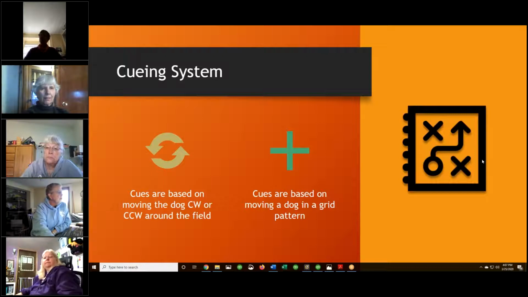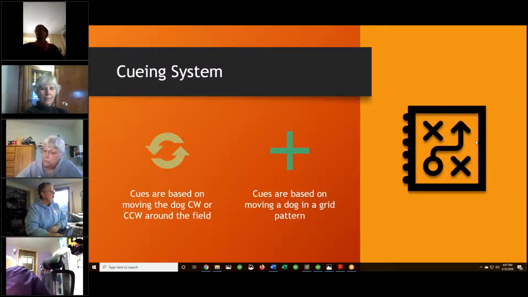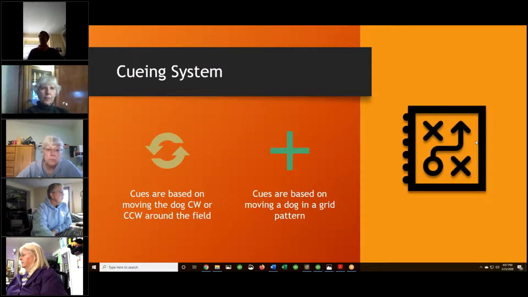And then some other folks base their cues on more of a grid system, an XY system. They're using cues to have the dog go straight out, so basically a go out, and using something to move them in closer, like a walk on. And then they have a cue to move the dog left or right on the field.